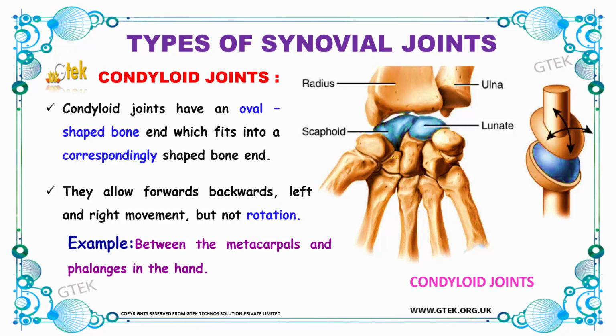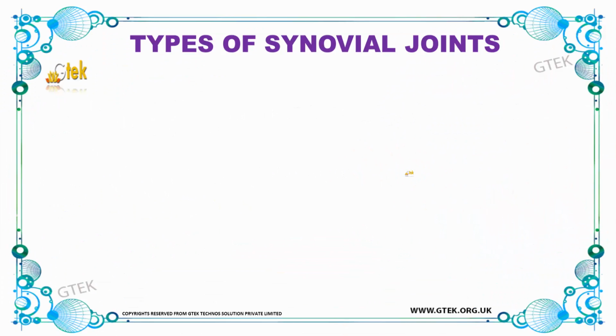If you see, your condyloid joint can be found between your metacarpals and phalanx in the hand, that is, near your wrist. So that is about condyloid joints.